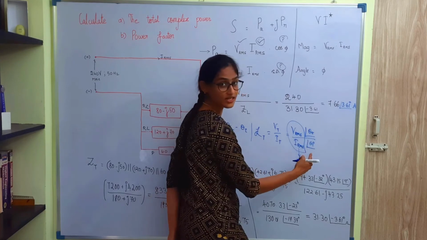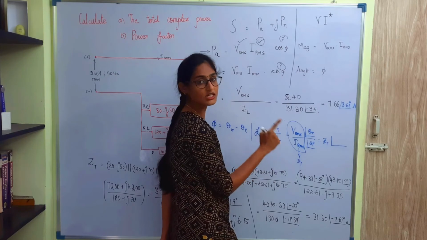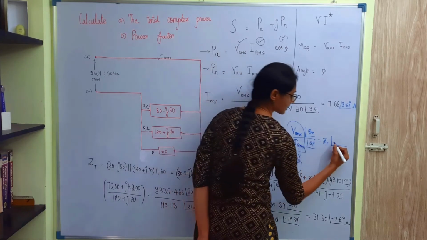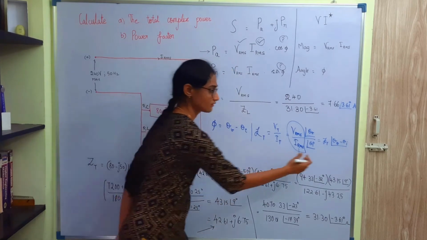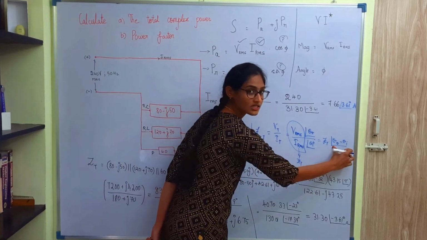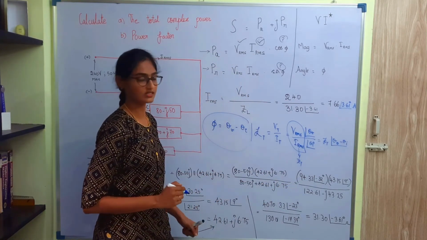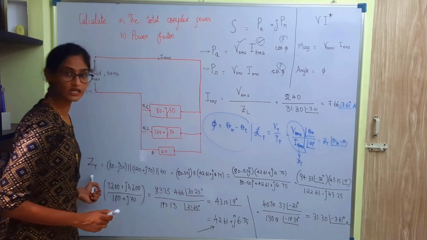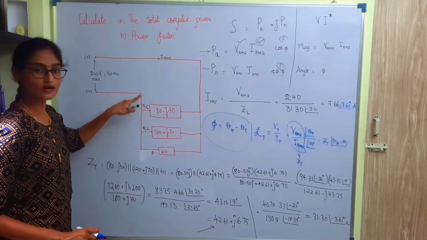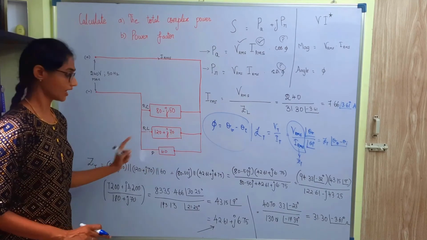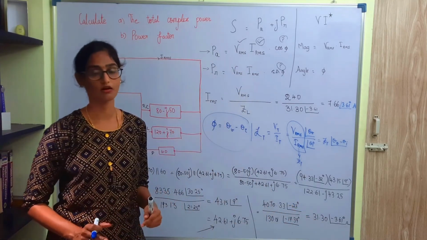And the difference in angles? Since they are in division operation, it is theta V minus theta I. So this is the value of the impedance, which is the magnitude, and the angle is theta V minus theta I. What is theta V minus theta I? Power factor angle, right? So whenever you get the impedance angle, I mean in the sense of total impedance, not only one single load, you have to consider the entire load, and whatever is the angle of the entire load, that will be the angle of the power factor.